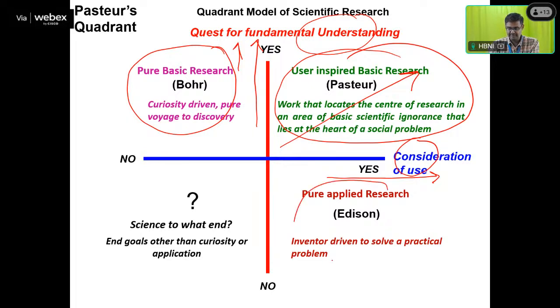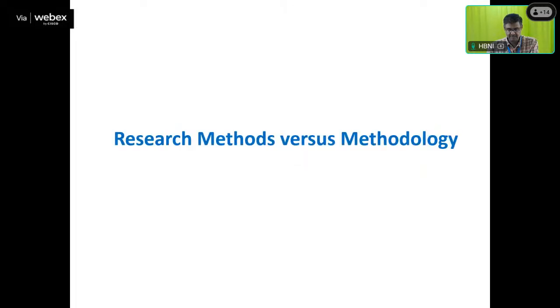Then there is pure applied research, which is driven to solve a practical problem, considered only from the user point of view and not from fundamental understanding. In the fourth quadrant, some research is done, but it ends up nowhere. So we must be somewhere in the 3 quadrants. I will give you some assignments so that you can find out where you stand in your research.